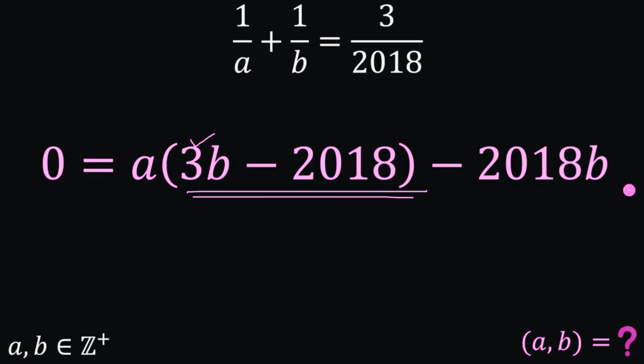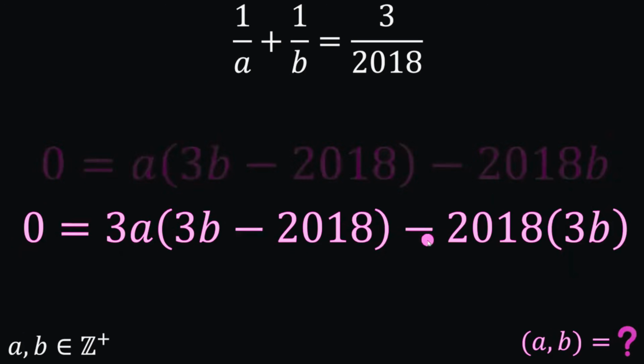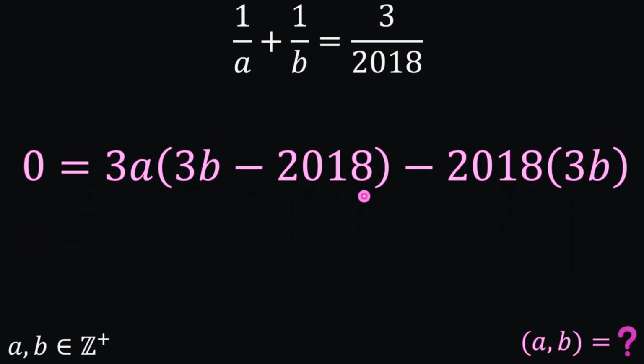Now, we have 3. So, why not? Let's multiply all of this by 3 to have 3b. If we do that, we get 3a, this multiplied by 3, minus 2018b multiplied by 3. So, 2018 multiplied by 3b. And let's focus on this. Now, from here, notice this factor, 3b minus 2018. We have 3b.